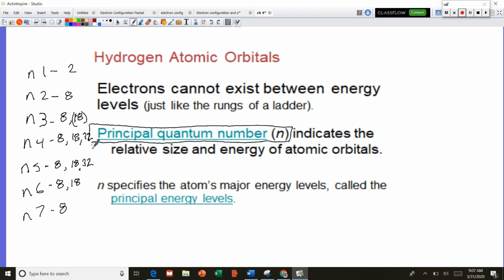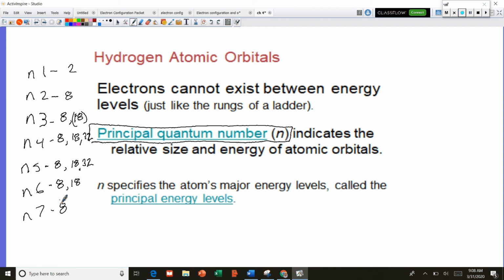Sorry, we're looking at total number of electrons, but so krypton has 36 electrons. In its first shell, it has 2. In its second shell, it has 8. In its third shell, it's going to have 18. And then in its outer shell, it'll have 8, and that gives us the 36 total. And so as you move down the periodic table, you can see those patterns, and it will follow sort of this sequence.